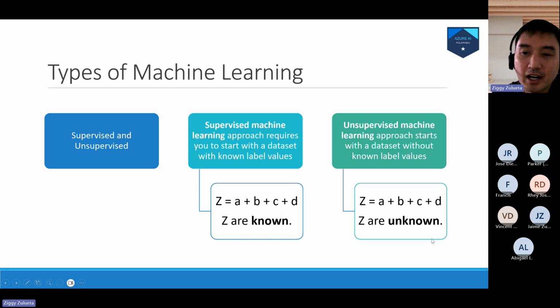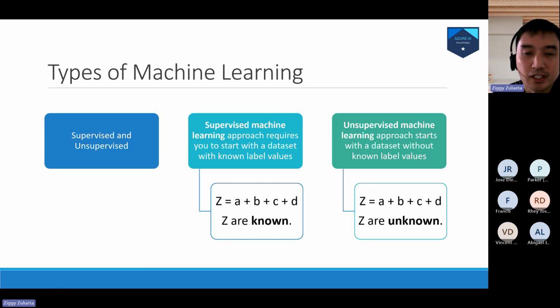So going back to the scenario, for supervised, you already have a past data set. I made a sale of Z because today it was a Monday. So that's letter A, that's your variable. Letter B was time of the day, for example. Letter C was you did a promotion, and letter D would be, say, it was a holiday.